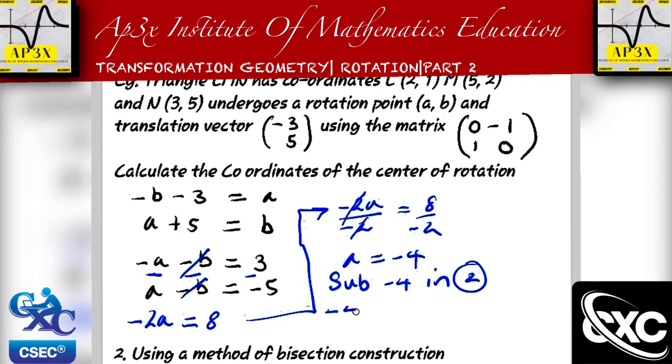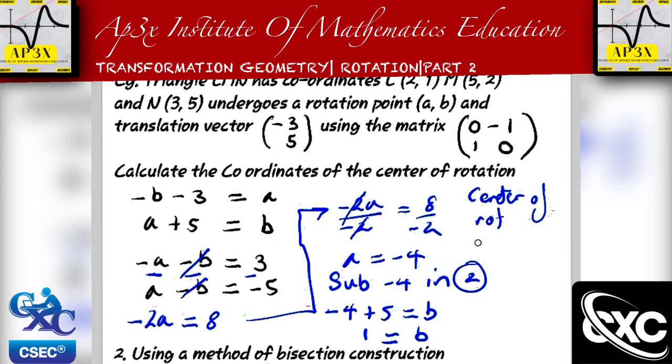So that's minus 4 plus 5 is equal to B. Minus 4 plus 5 is 1, and 1 is equal to B. Therefore our new center of rotation, that is not at the origin, is located at minus 4, 1.